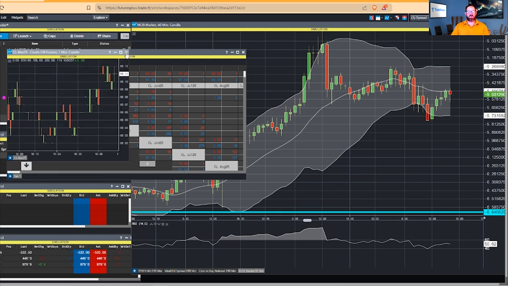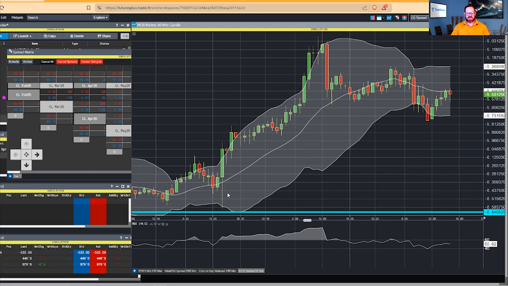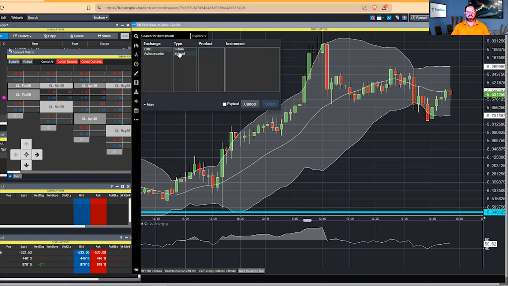Or if I want to keep the same chart and just have different tabs, all I have to do is go to the bottom, click the plus, search for instruments, or just simply do this: CME, futures, CL, and I can choose the calendar spread that I'm looking for.